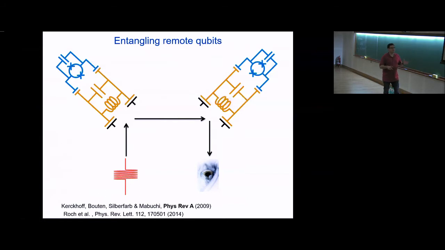The key difference from what I told you before is that here I'm engineering the light before it gets to the amplifier using this circuit QED architecture. The amplifier could be phase preserving, could be phase sensitive, doesn't really matter because I've hidden all the single qubit information before it ever gets there. So the key thing here is going to be losses before it gets to the amplifier. And this was proposed a while ago again by Hideo Mabuchi.